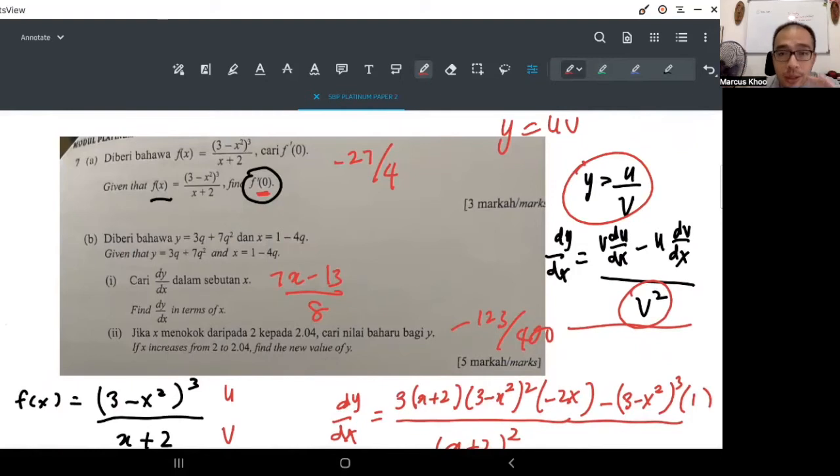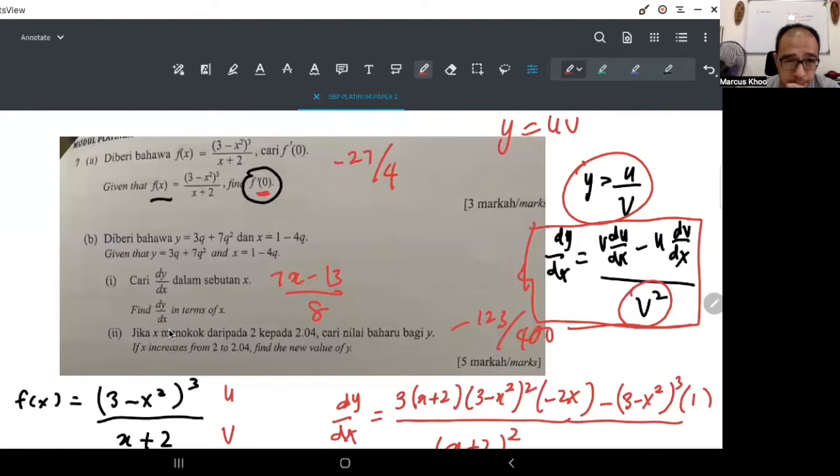I really don't think this formula or this guide is given to you in the exam. Let me check. Yes, it's not given to you. It's not something very happy, but it's definitely not given to you. So you want to make sure that you either know this or you are going to choose not to answer this question. So it's really up to you. If you don't want to answer this question, then I can't really help you much.